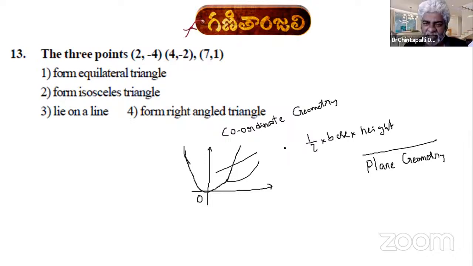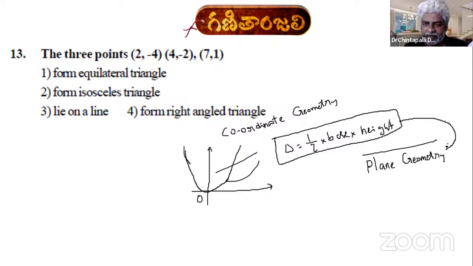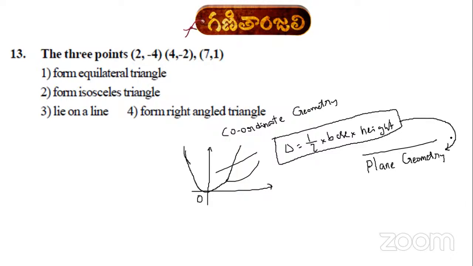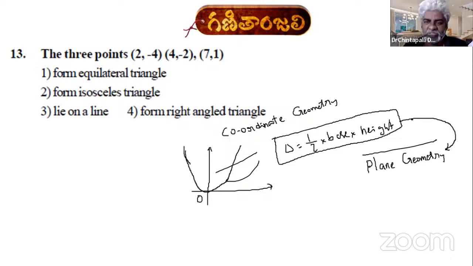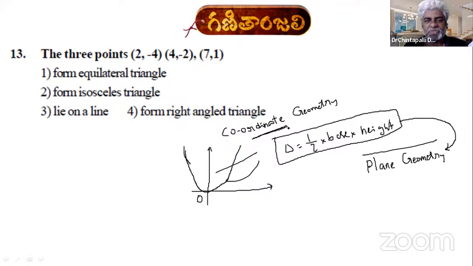So the area of a triangle in plane geometry is half into base into height. This formula is in plane geometry, right? But in coordinate geometry, there is another formula to find the area of a triangle.